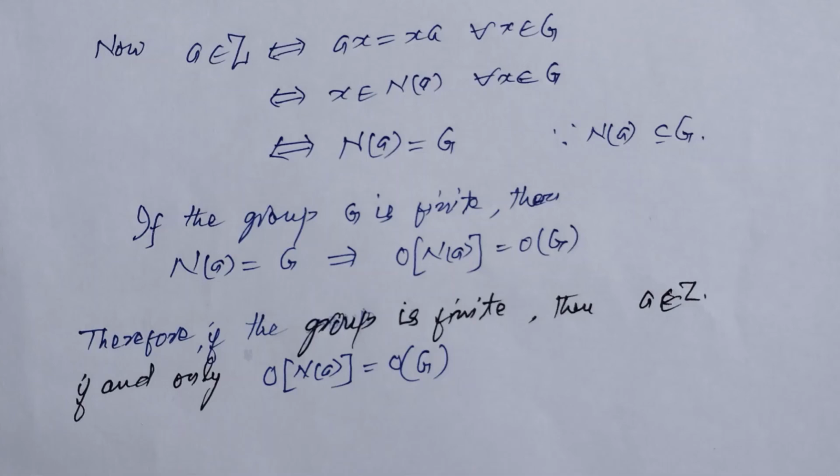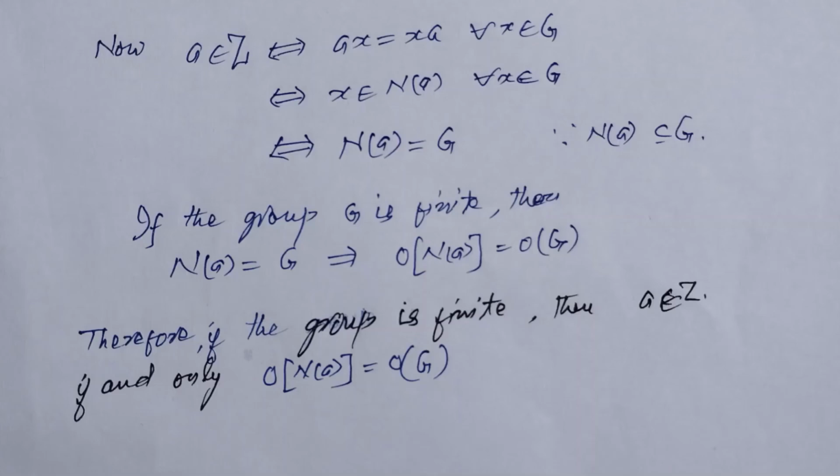Now, a belongs to Z if and only if ax equals xa for all x belonging to G, if and only if x belongs to Na for all x belonging to G, which is equivalent to Na equals G, since Na is a subset of G.